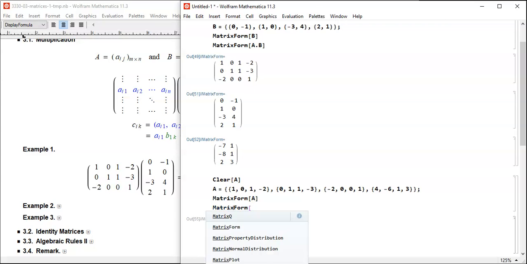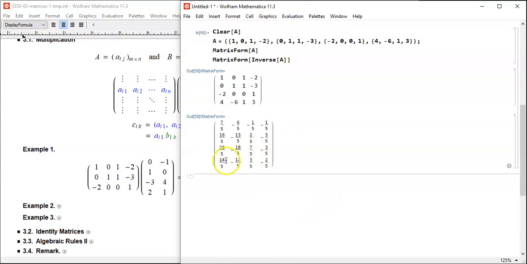Matrix form, this is X, excuse me, and Inverse, and that's going to give me the inverse matrix. This command here, Inverse of A, asks Mathematica to calculate the inverse matrix, but not just that, calculate it and show me in matrix form, not that single line form. So this will give me the answer.